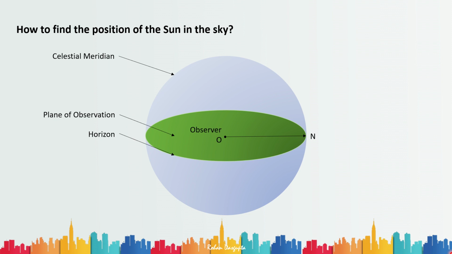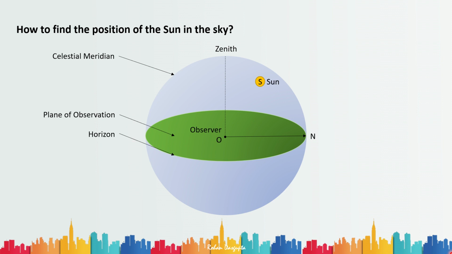If you have a perpendicular going right from the point of observation, that is O, to the top at the celestial meridian, that point is called the zenith. So the point vertically above the observer that is touching the celestial meridian is called the zenith. And let's say at any given point of time the sun is at this position, S.